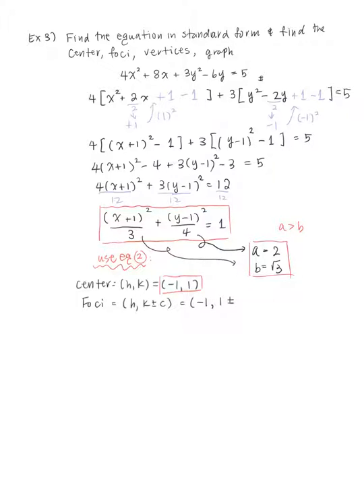So let's find the value of c. If you look at the formula, c squared is a squared minus b squared. So c squared is 4 minus 3, which is 1. So looks like c is going to be 1. So here you're going to go 1 plus or minus 1, which gives us negative 1 comma 2 and negative 1 comma 0.